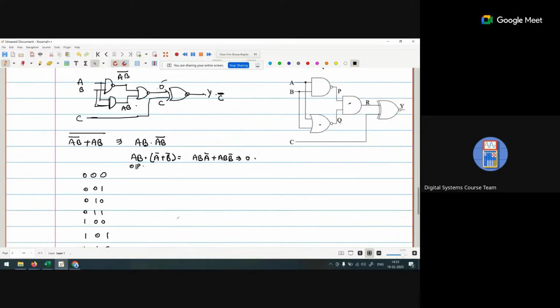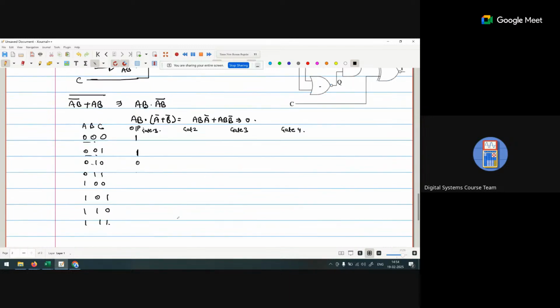If we are talking about the output, I can solve it with gate 1, gate 2, gate 3, and gate 4. So AB bar: if A, B, C is 0 0, the output is 1.